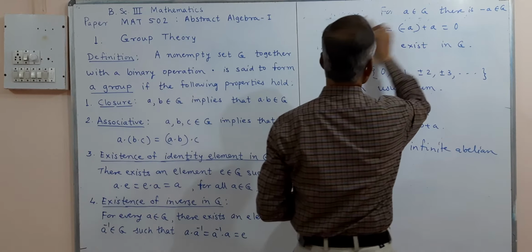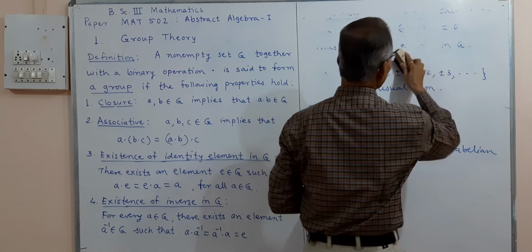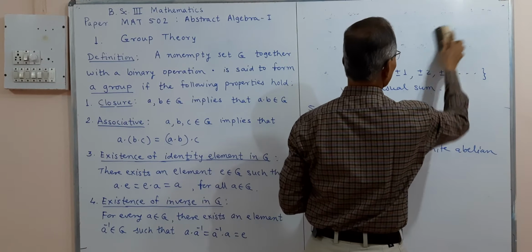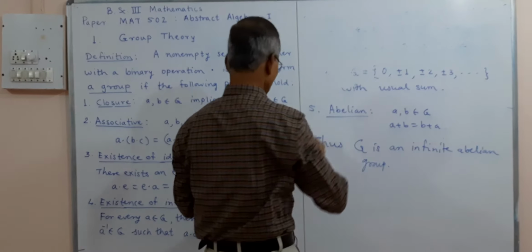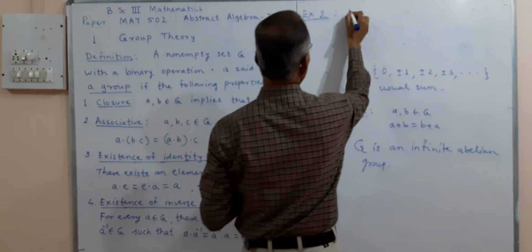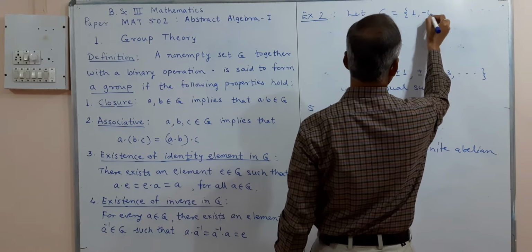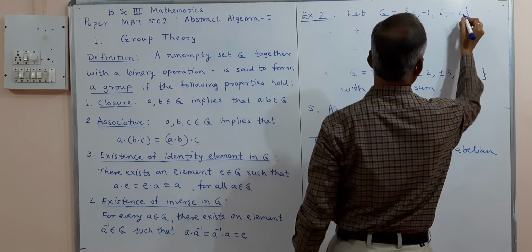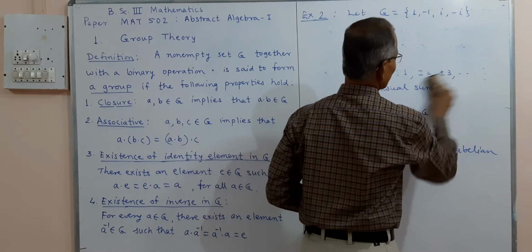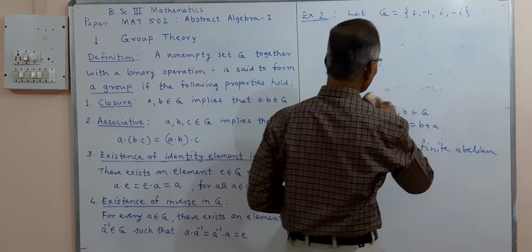Now we shall consider the second example. So this is an infinite group, and we may consider a finite group. Example, let G be the set containing the elements 1, minus 1, i and minus i. And here we shall consider usual multiplication, multiplication of complex numbers.